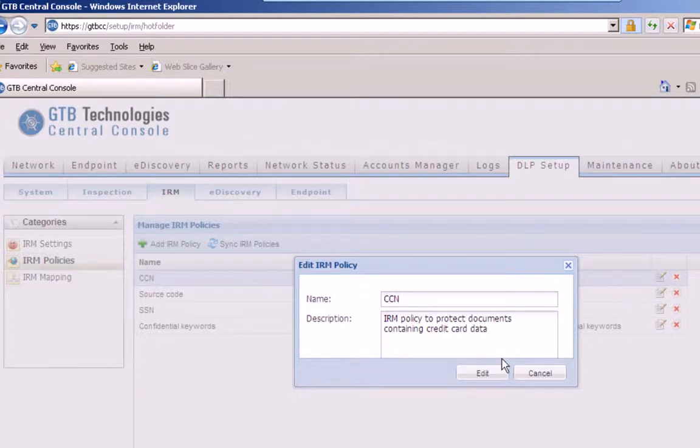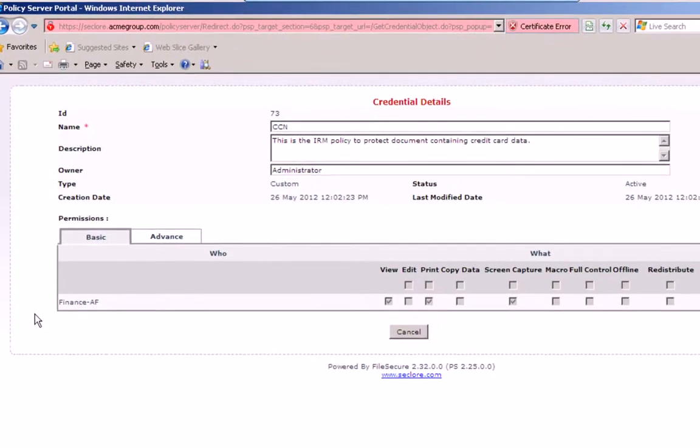The first IRM policy, which is for credit card numbers, is the policy to protect documents containing credit card data. Let's look at it in detail. What this IRM policy says is that only the finance department of the organization has access to this document, and they only have view and print rights on the document. All other rights are disabled.